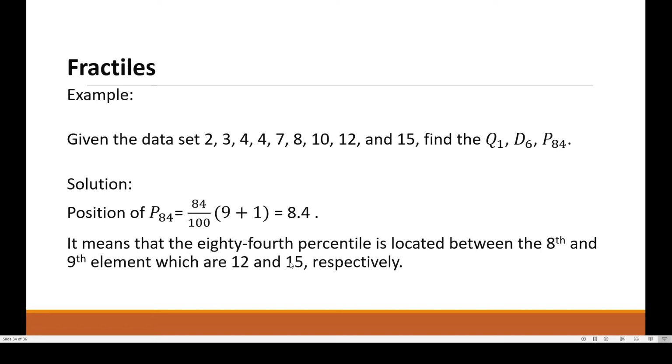It means that the 84th percentile is located between the 8th and 9th elements, which are 12 and 15 respectively. Therefore, our 84th percentile is equal to 12 plus 0.4 times the difference of the 8th and 9th elements. So 15 minus 12 times 0.4 is equal to 1.2. So 12 plus 1.2 is equal to 13.2. So this is our 84th percentile.